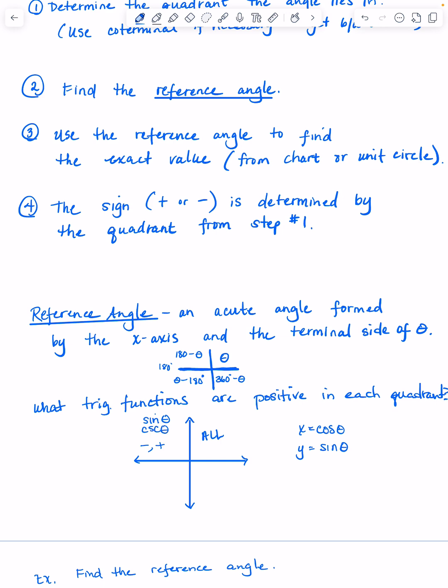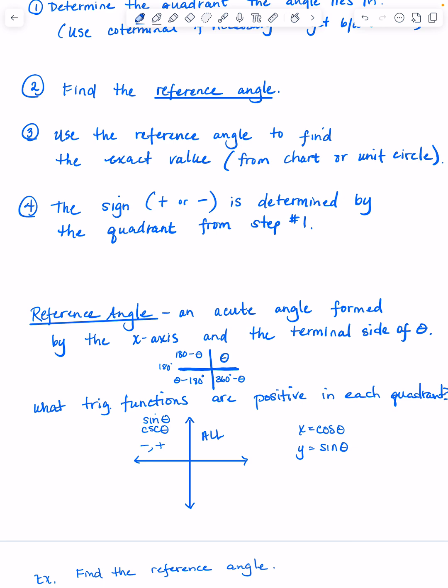And the other 4 trig functions would be negative, because remember that we already said cosine is negative, but tangent is sine over cosine, so that would be a positive over a negative, which makes a negative. All right, so the only 2 positive functions are sine and cosecant in the 2nd quadrant.